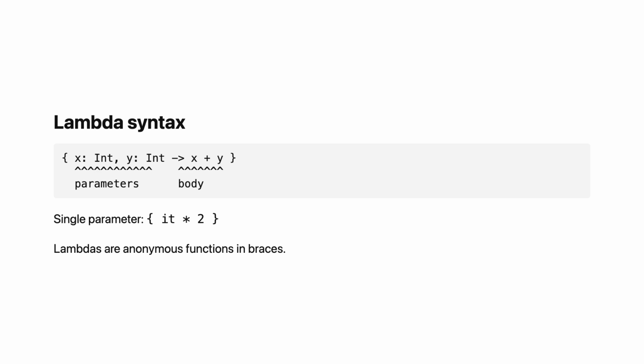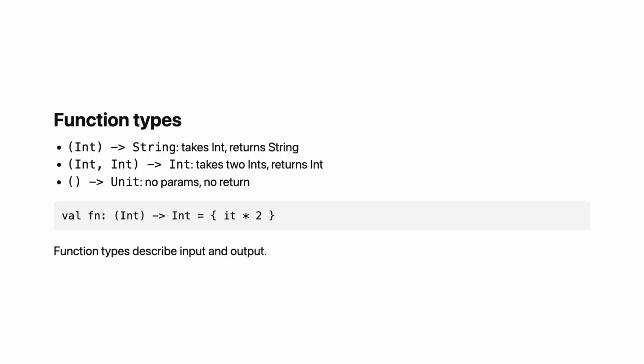Every function has a type. A function that takes an Int and returns a String has type (Int) -> String. A function that takes two Ints and returns an Int has type (Int, Int) -> Int. A function that takes nothing and returns Unit has type () -> Unit.